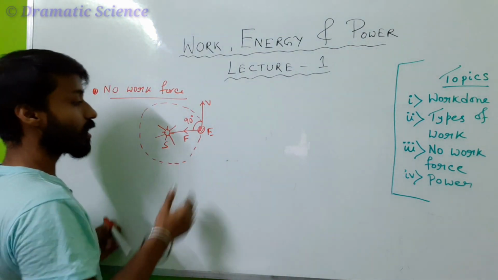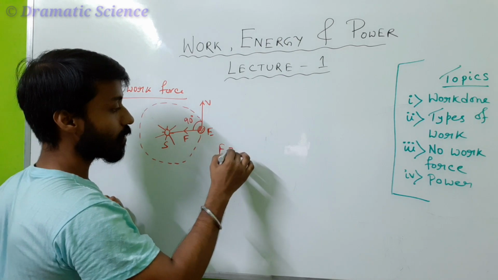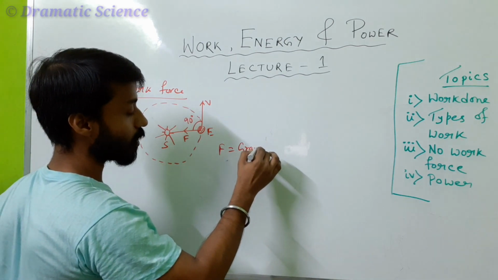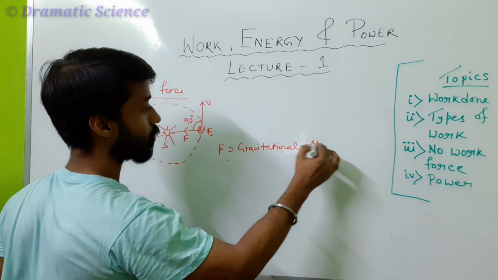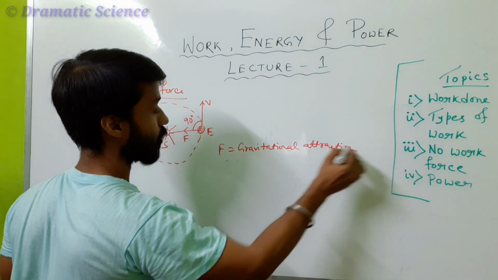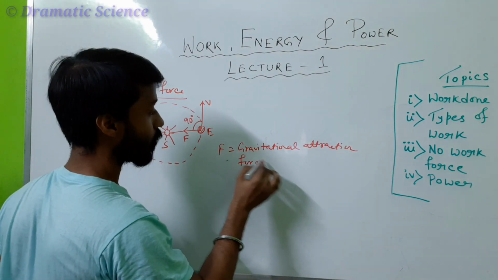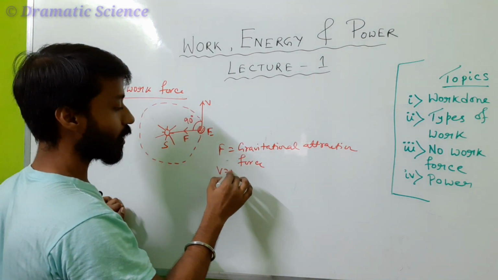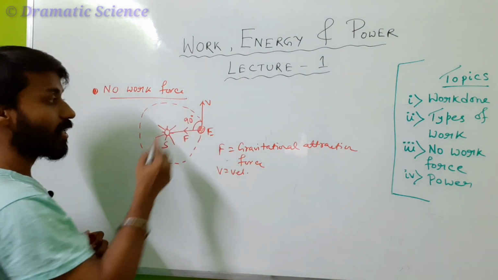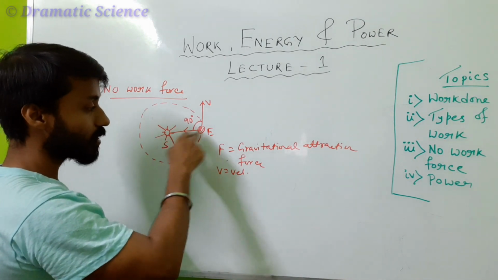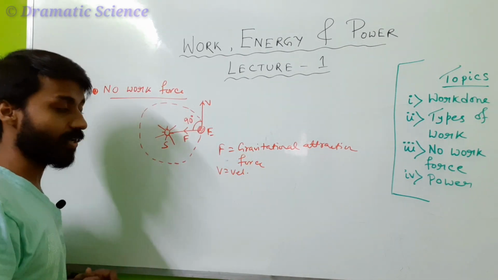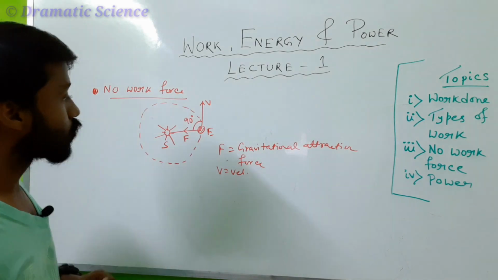So there is a certain force F, that is gravitational attraction force. V is the velocity of the planet, and this 90 degrees is the angle between this radius and this tangent V, right?